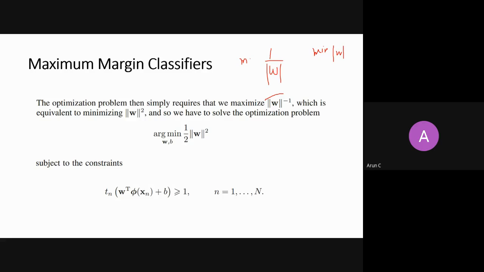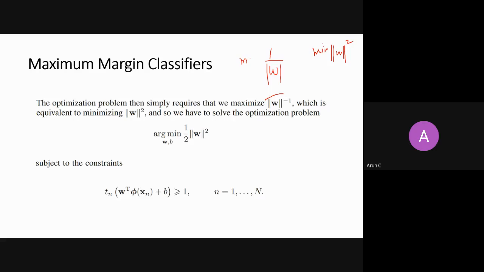Yes or no? Very nice. So now minimizing W is nothing but minimizing the norm of W square. It's still the same thing, right? You agree? Yes or no? So minimizing the norm of W is nothing but minimizing the norm of W square, right?